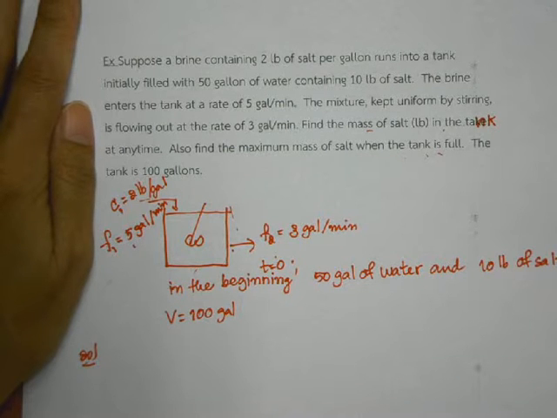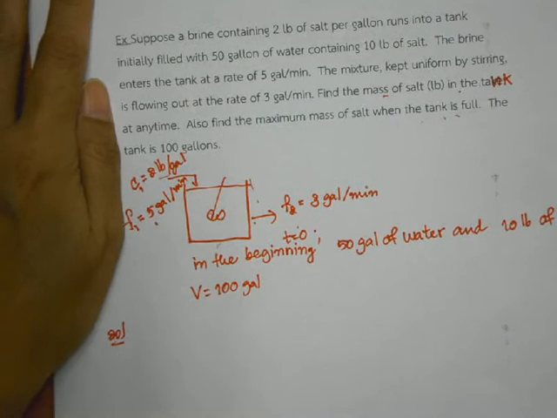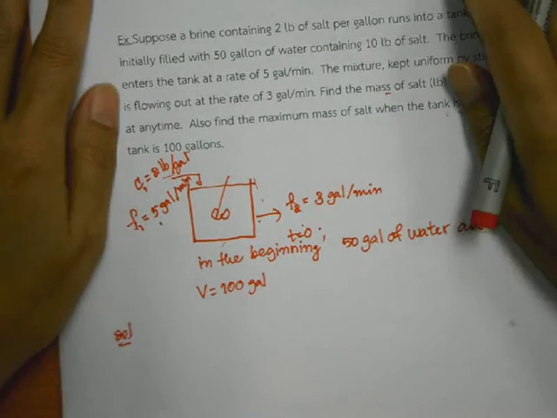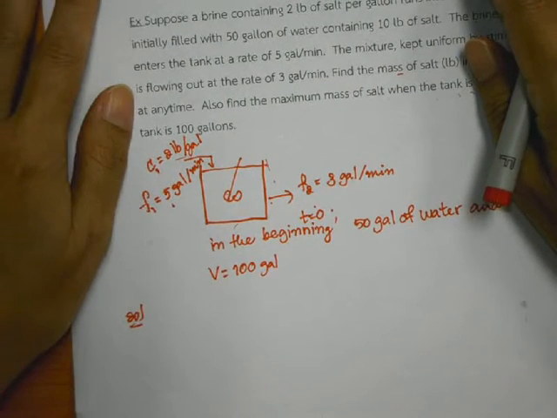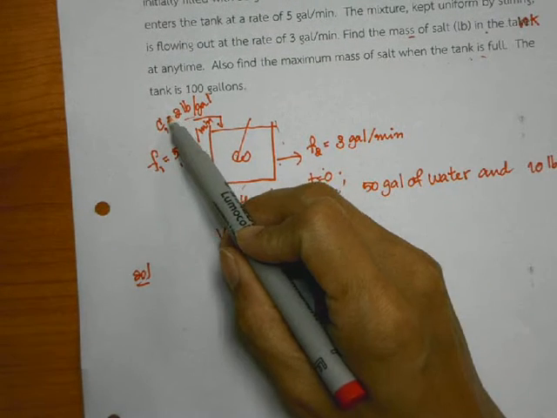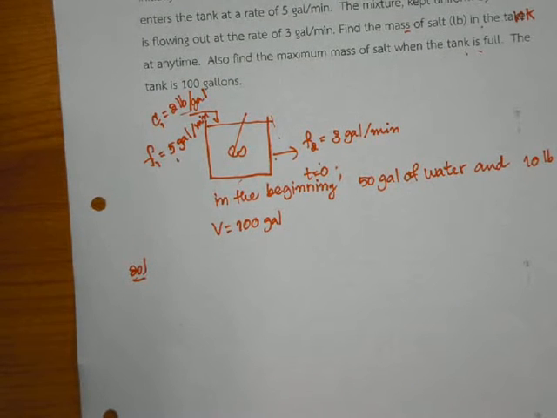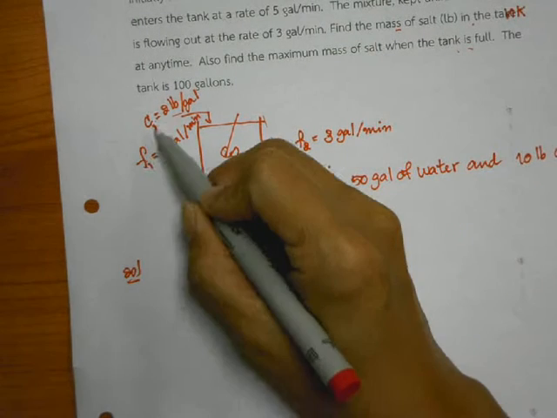When we are talking about mass balance, the unit that we should get is mass per time. So we've got to look at what is the line in and what is the line out. In this case we have only one line in, which is C1 or F1. How can we get the unit as mass per time? You got to multiply C1 and F1.